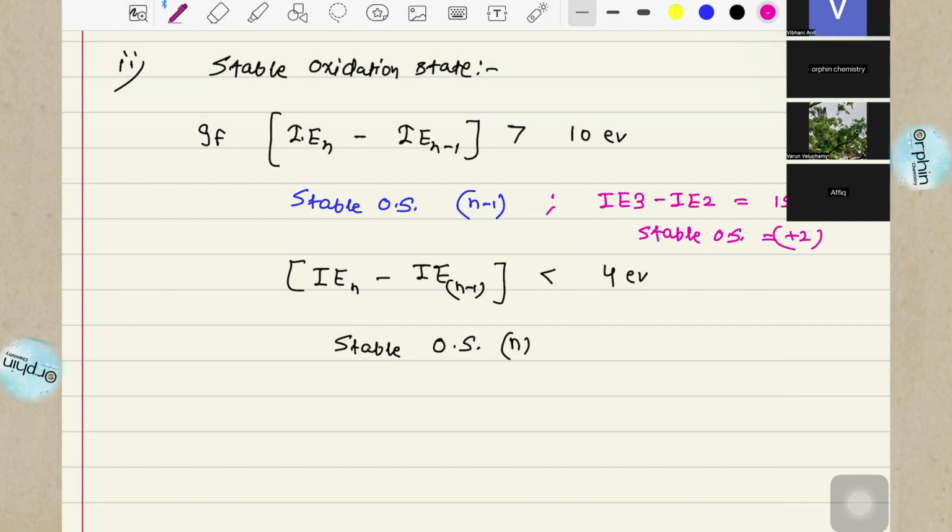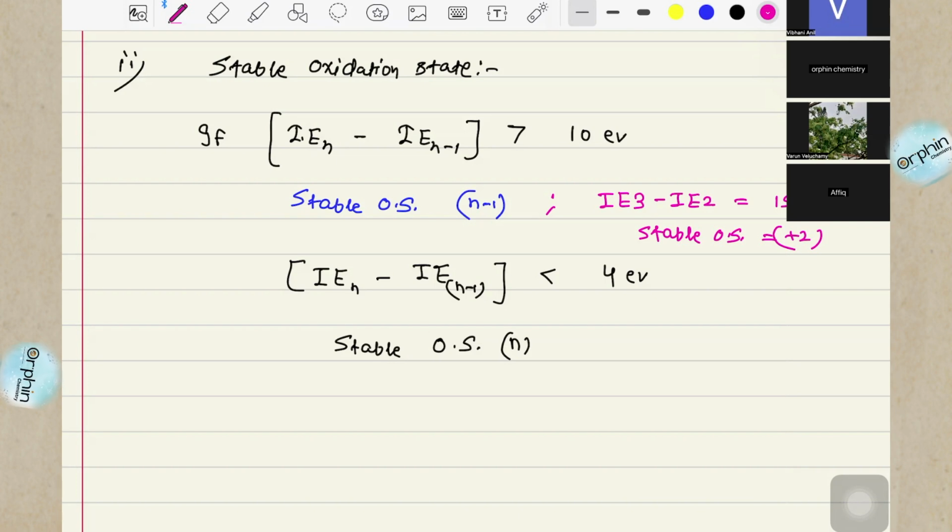We can understand it very simply. I2, I3. Removal of the third electron: if you are removing the third electron, you have to give more energy. So removal of the second electron is easy. That means the difference is larger, no? But suppose I2 and I3 difference is very less. That means the third electron can be removed easily. Of course, it is more than I2, but the I2 and I3 gap is lesser. That means the third electron also can be removed.